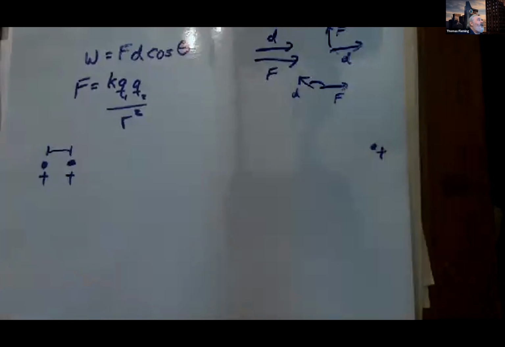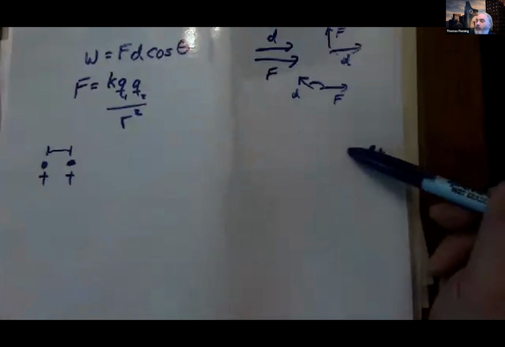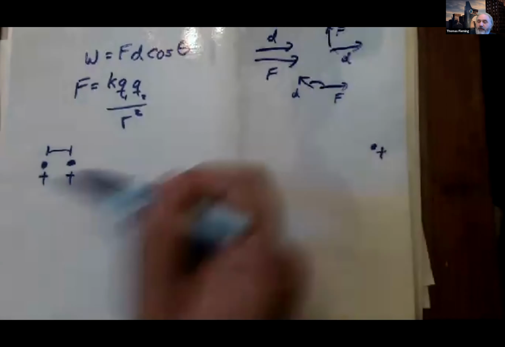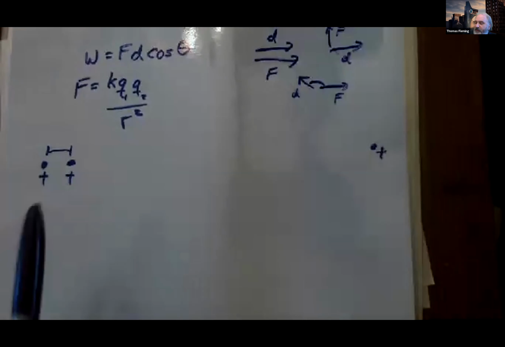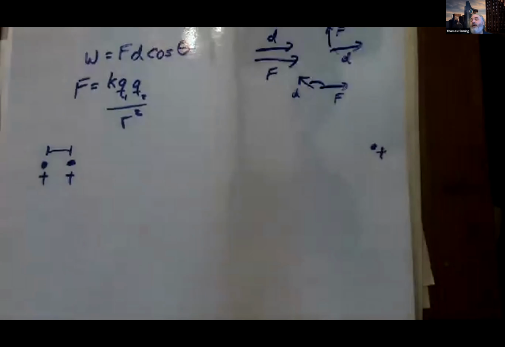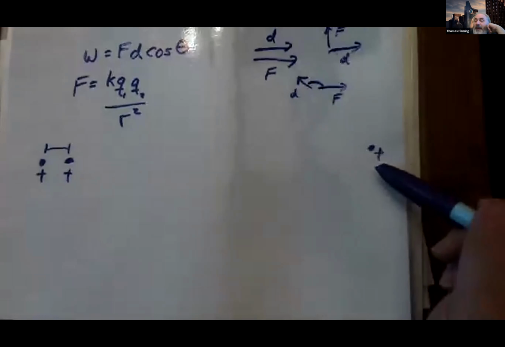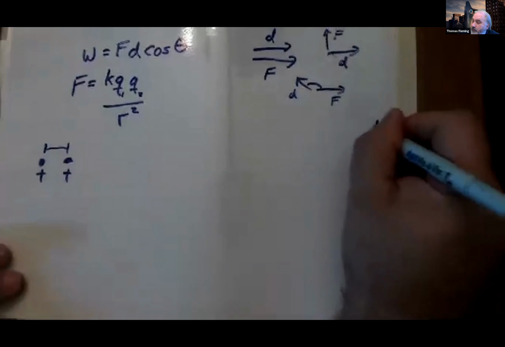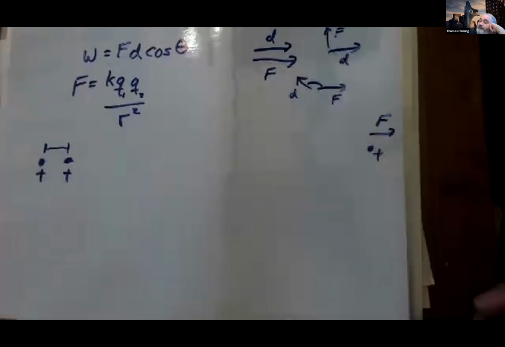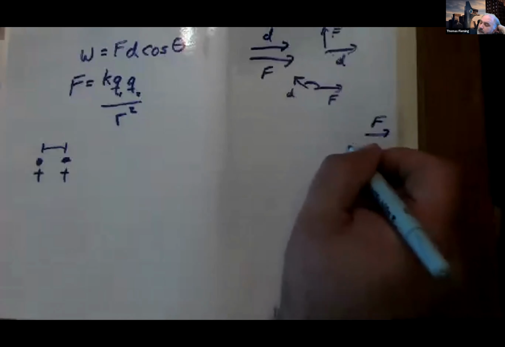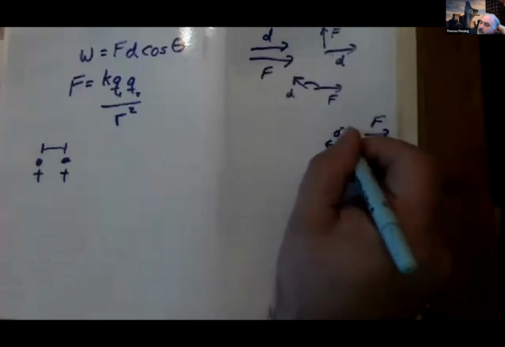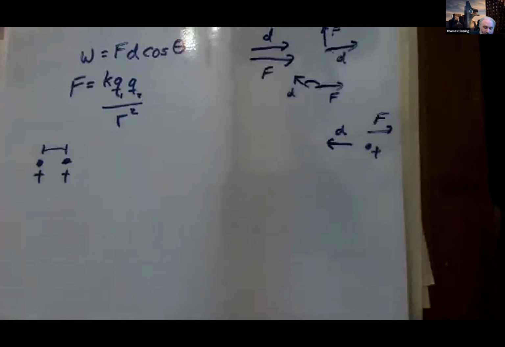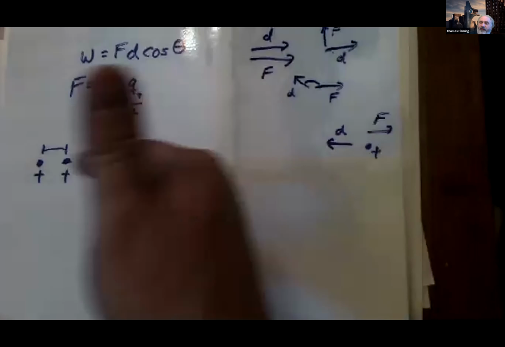And as I move this towards the other charge, the entire time, because they're both positive, the charge that I'm moving is being repelled. There's a force pushing it to the right. But the object is moving some distance towards the left.